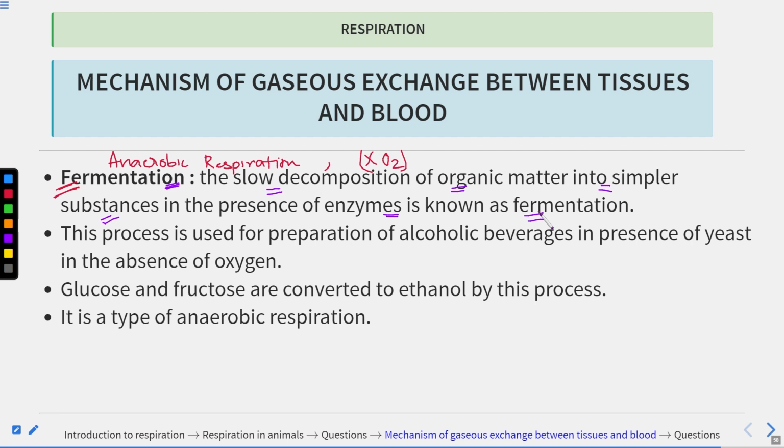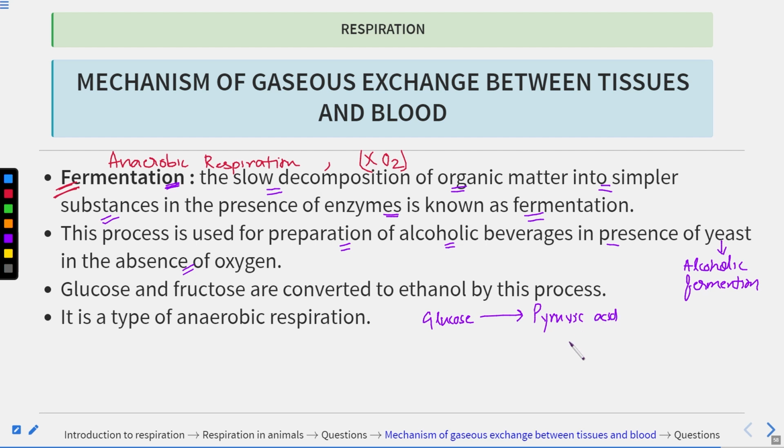This process is used for the preparation of alcoholic beverages in the presence of yeast and in the absence of oxygen. Yeast is an example where alcoholic fermentation takes place. During alcoholic fermentation, an alcohol is produced which is known as ethyl alcohol. The glucose, by the process of glycolysis, is first converted into pyruvic acid.